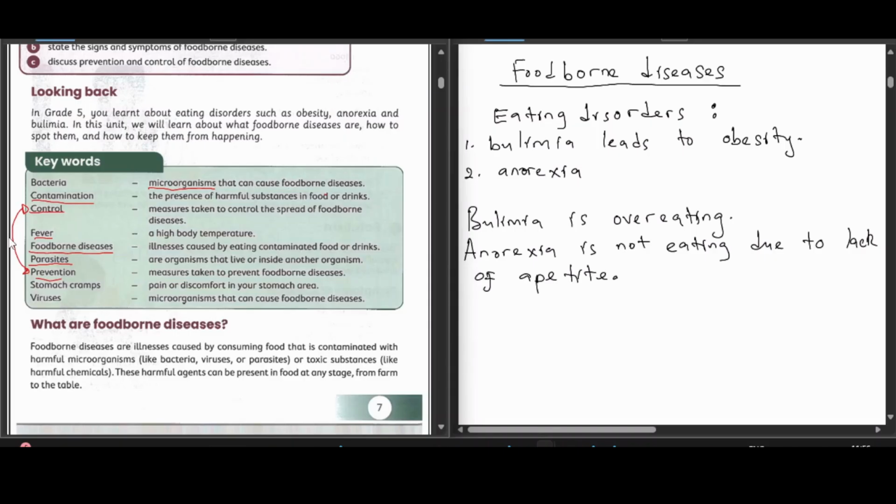So we take controls after a foodborne disease is already spreading. We want to reduce or limit the spread. That's where we take measures in the form of controls. Whereas prevention, these are measures we take to prevent the foodborne disease.